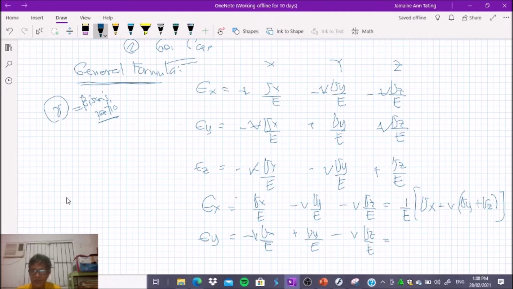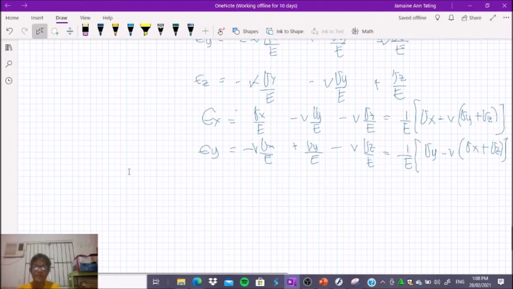Ngayon lalabas, makuha mo na ito, 1 over e, then this will be sigma y, then minus v, then sigma x plus sigma z. Okay, so magiging ganyan yung formulation para mas madali.